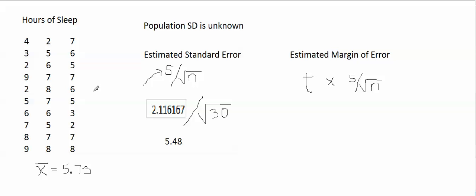The n-1 on the bottom of the formula for the sample standard deviation is called df. So df is n minus 1. It's 1 less than the sample size.